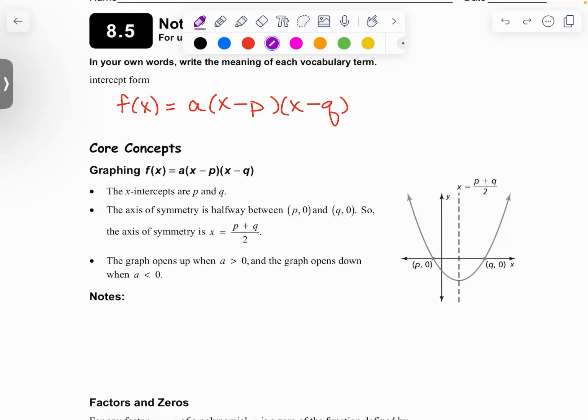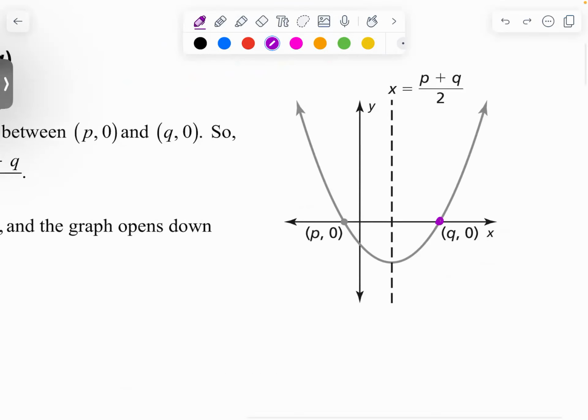Now, if we have a parabola that has two intercepts, what do we know about the vertex? Where's it going to be? In the middle. So we can find the middle.